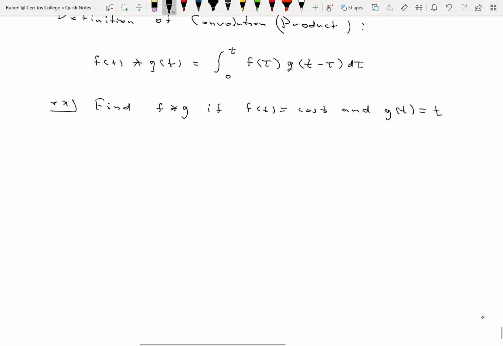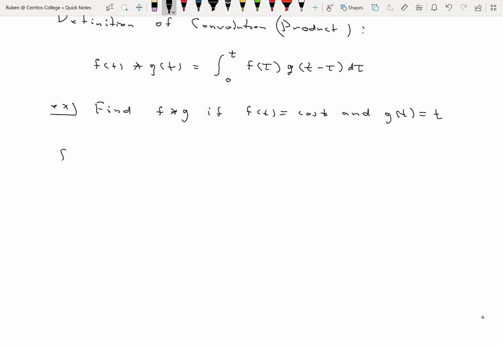F of t star G of t, and this is common terminology, F convolved with G. I've heard a lot of people say convoluted with, but convolved with is the standard terminology in the math community.